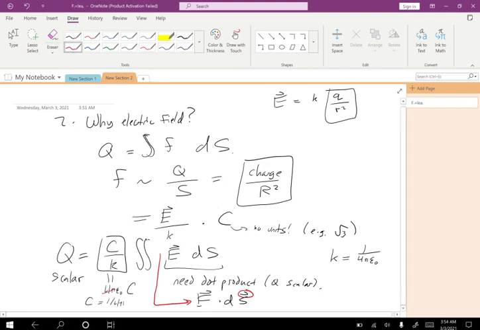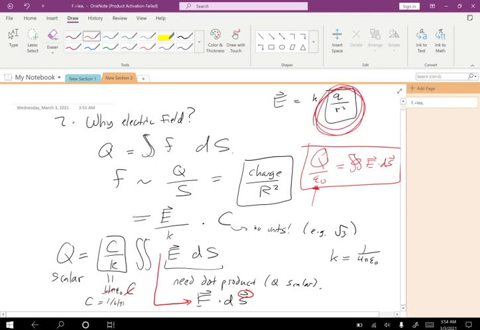That's a stupid constant. So we end up with Q divided by epsilon naught, that permittivity constant, equals that integral. The constant, of course, is the least important part of the calculation, but on dimension grounds, we saw from Q over r squared, charge divided by surface, that we had to have the electric field.